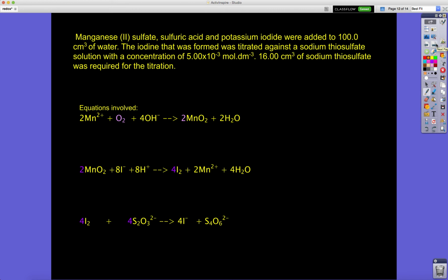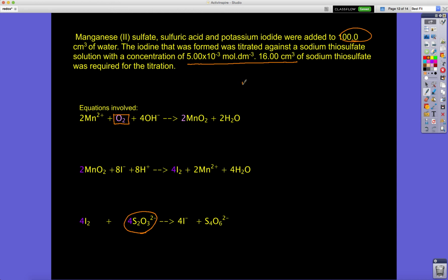So the Winkler method was used, and apparently they go after a 100 centimeter cube sample of water. They take that, and this is how much sodium thiosulfate was used in the process. So we have this information, and now what you have to recall is it's 1 to 4. So if I know moles of sodium thiosulfate, I can divide it by 4, and I know my moles of oxygen.